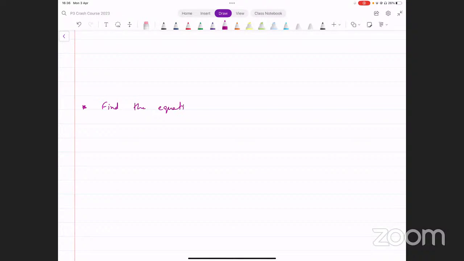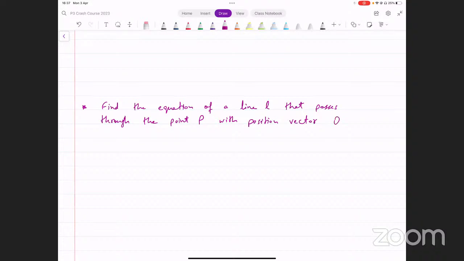Find the equation of a line L that passes through the point P with position vector OP, which is, let's say, 1, minus 4, 3.